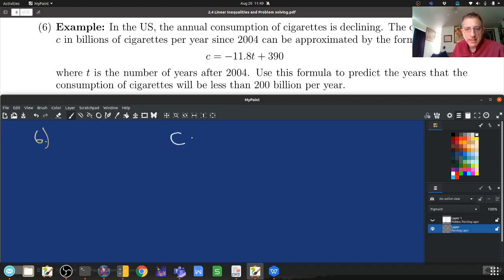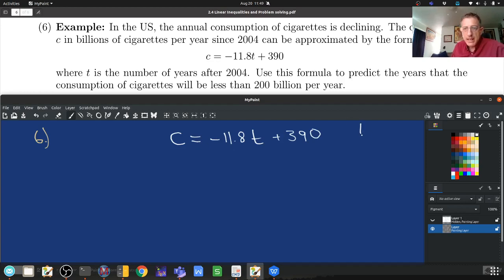So C, that's the number of cigarettes in billions since 2004, is C equals minus 11.8 times T plus 390. So this is a linear equation.